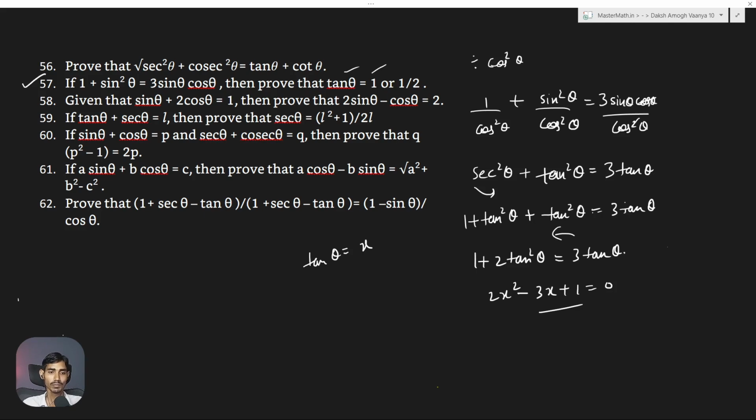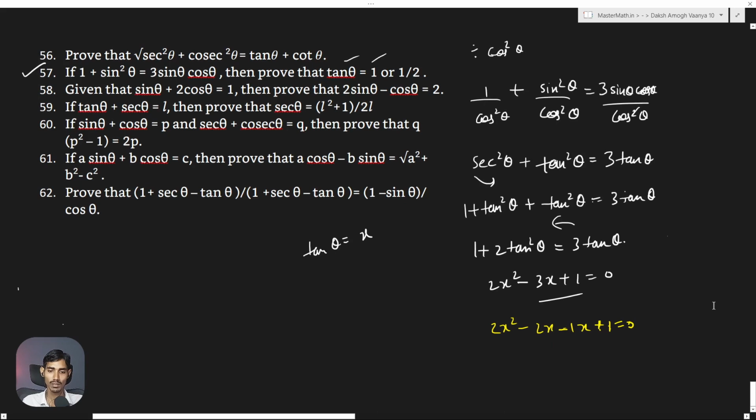Zubair, you're done? So 2x square minus 2x minus 1x equals 0. Next. So next is grouping the data.